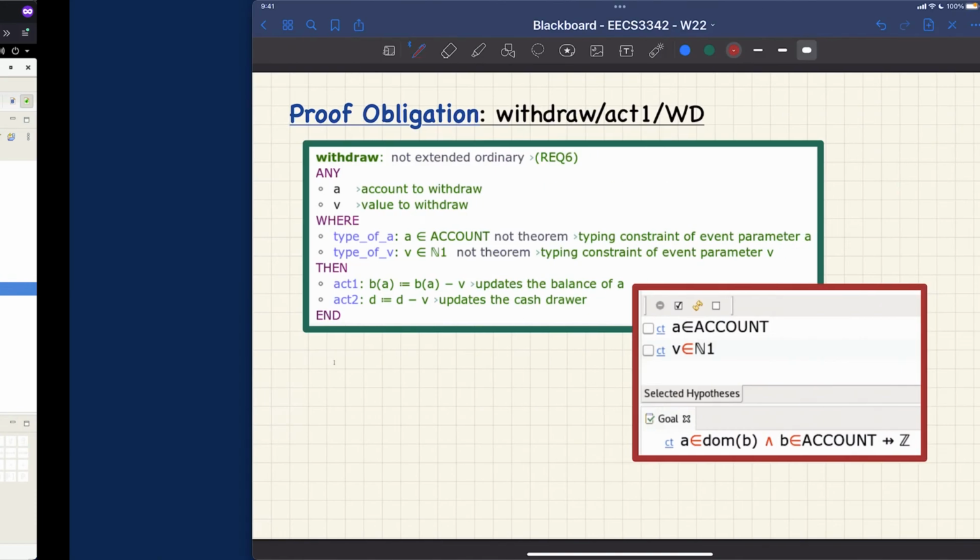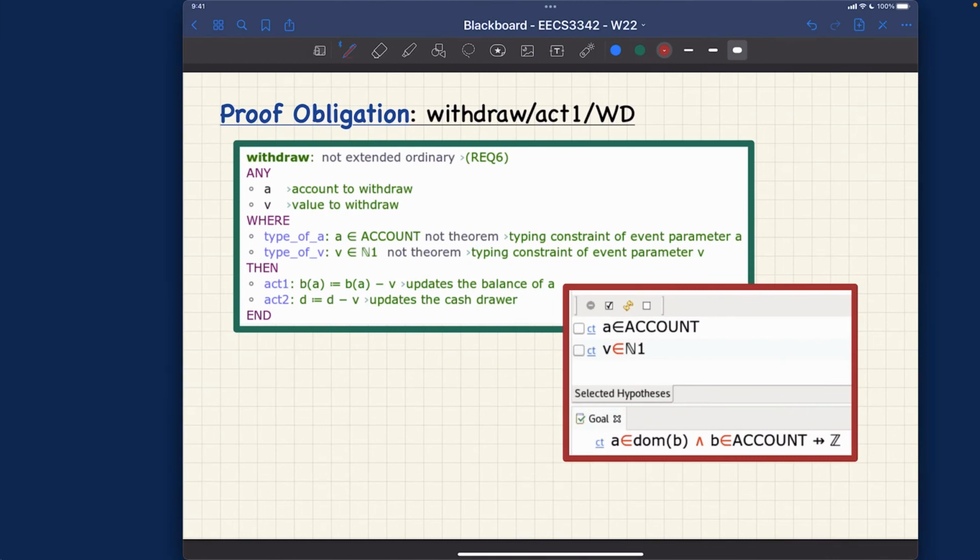All right, let's now switch to the iPad over here. Just to show you that this is the withdrawal event that we specify, right? With the two event parameters, with their timing constraint, and also with the two actions over here. And the proof obligation that we're talking about is about withdraw, Act 1, and also WD. And as I said before, WD is something called well-definedness.